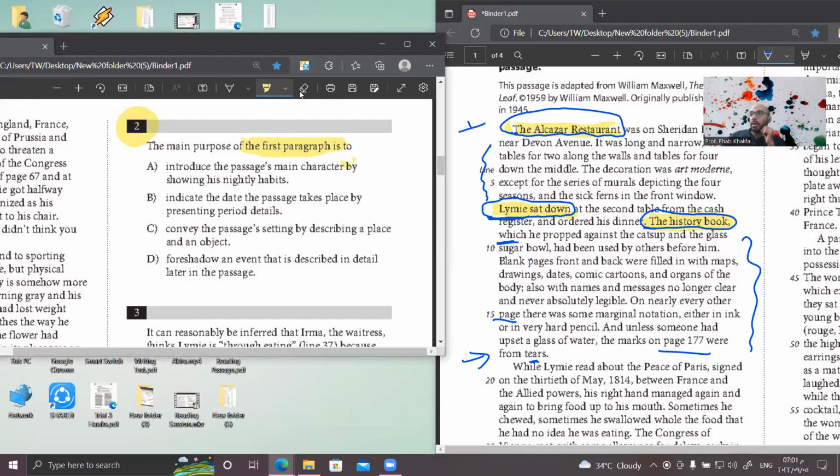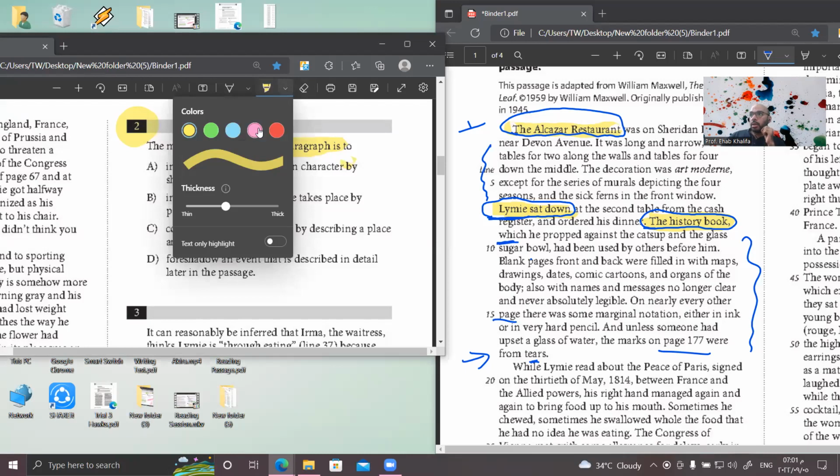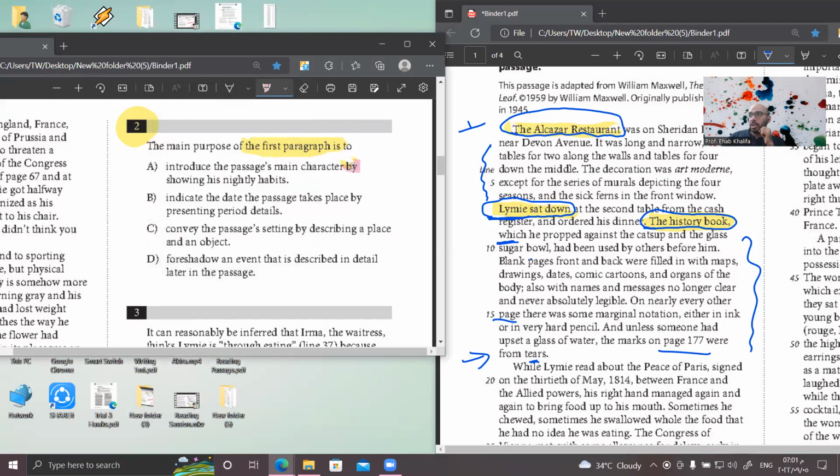By showing his nightly habits. What are his nightly habits stated in the first paragraph? You got it? Yeah. So second part, correct.